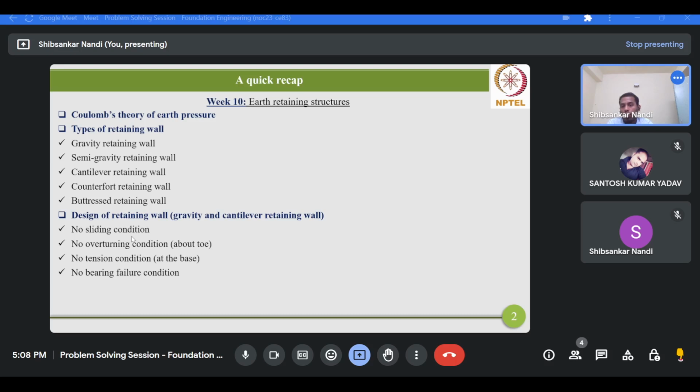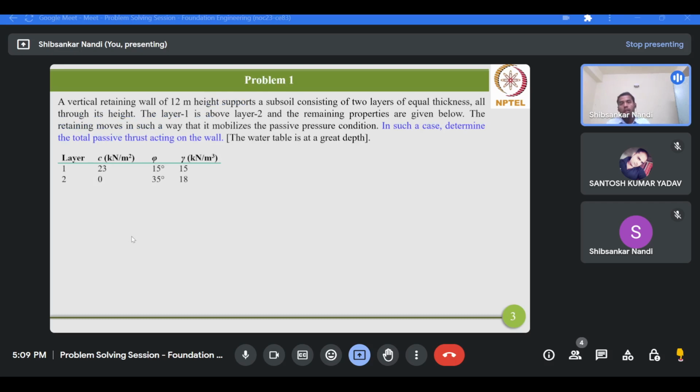You have to just check whether this retaining wall is safe or not against all these conditions: no sliding, no overturning, no tension, and no bearing failure. We'll see these concepts in more detail through some numerical problems in today's session. We'll first start with this problem, which we couldn't solve in the last week due to time limit. First we'll take this problem and then we'll slowly move into today's topic.